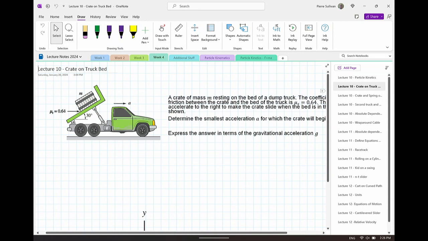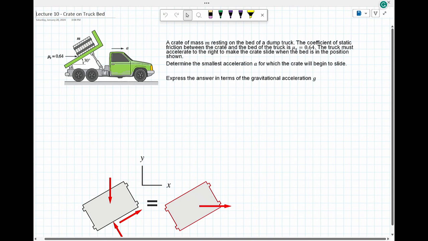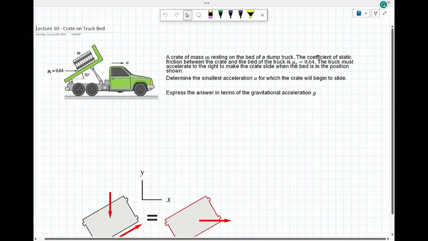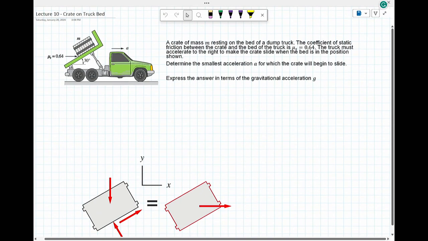So let's take a simpler case, or a case that has numbers and relationships that we can look at. I have here a crate of mass m resting on a dump truck.